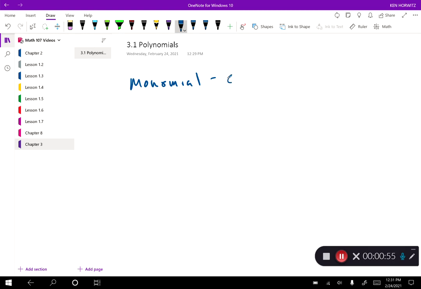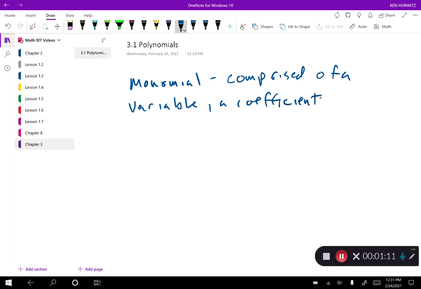So it's comprised of a variable, a coefficient, and a non-negative integer exponent.